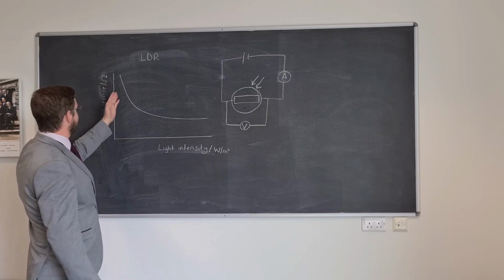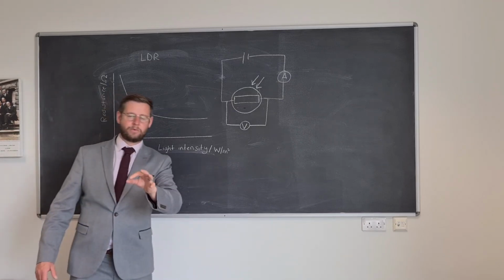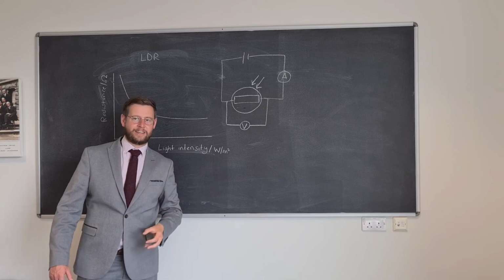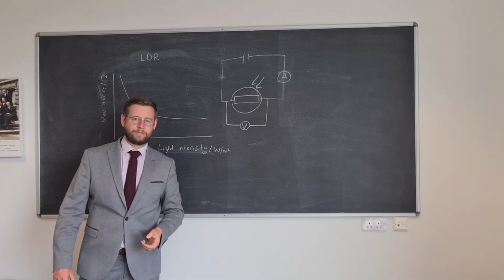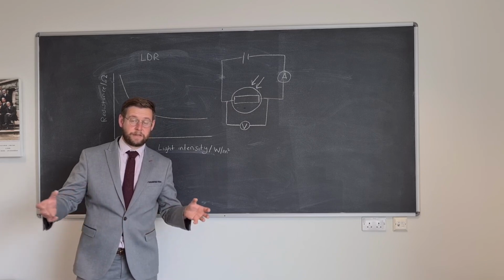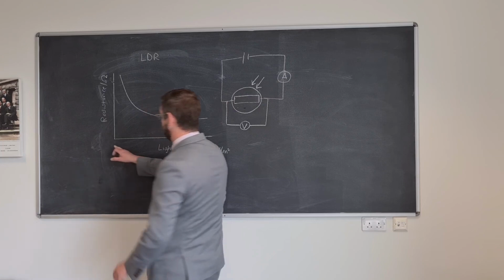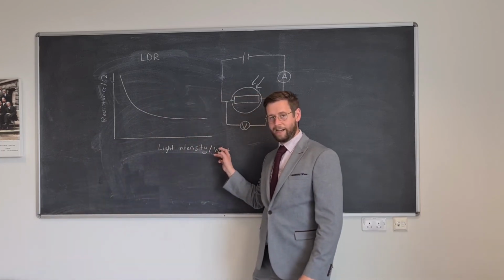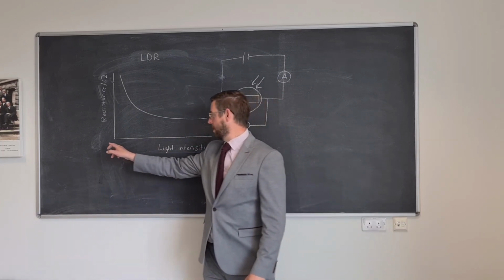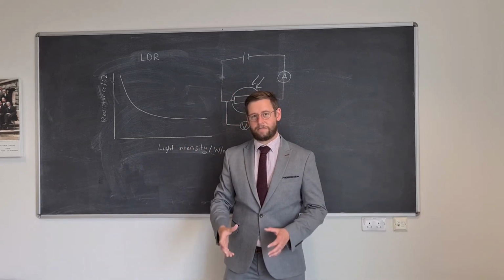It was really rapid to start with, and then it became a smaller and smaller change with increasing light level. So the graph looks very similar to the graph of a thermistor. You've just got to remember that we're going from low light to high light, and from low temperature to high temperature in the two graphs.